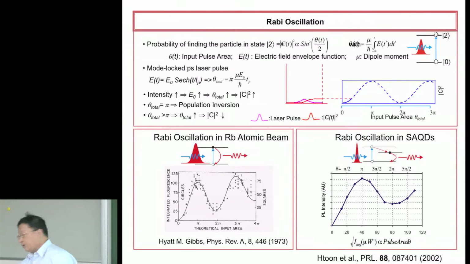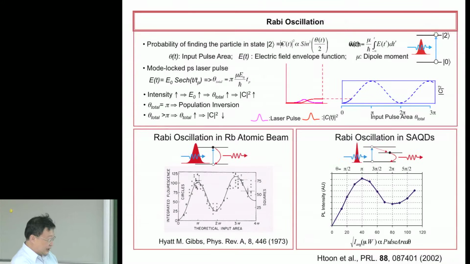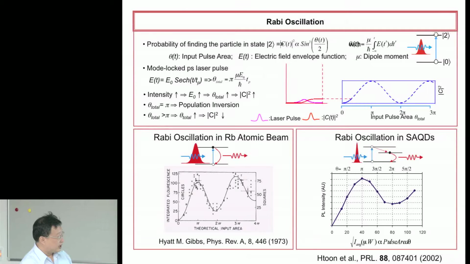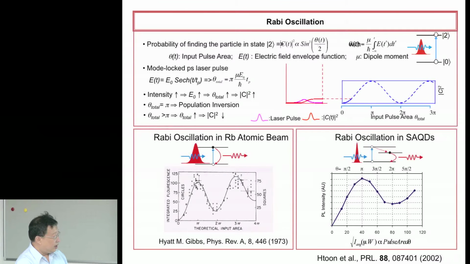Okay, so you have probably heard this word Rabi oscillation, and it was observed in an atomic system back in 1973. Taking an atom, in theory as a function of input pulse area, if everything is ideally coherent, you should see this sinusoid going on and on.